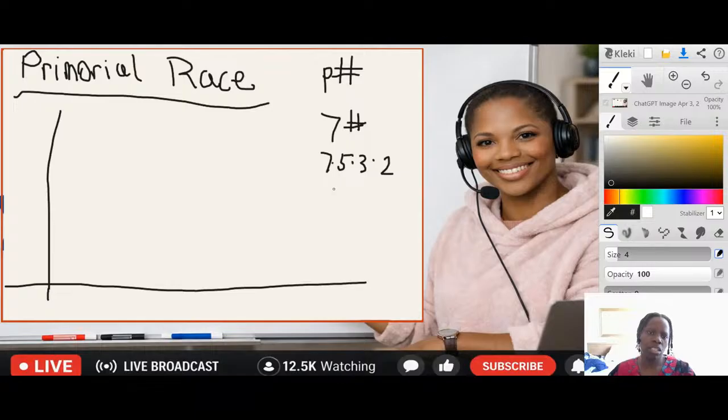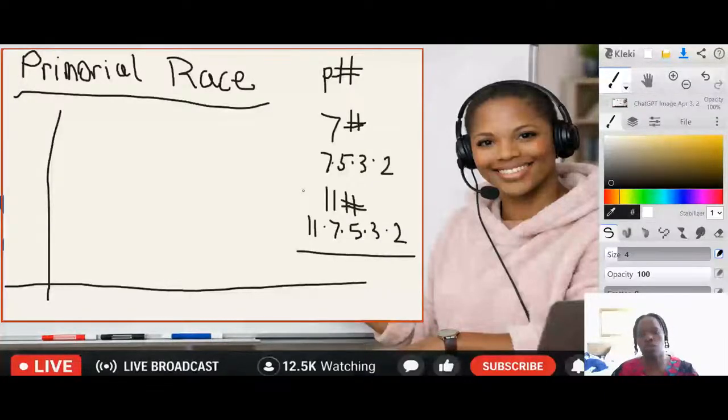If I say 11 sharp, then it will be 11 times 7 times 5 times 3 times 2. You really can't go too far unless you really know your prime numbers.